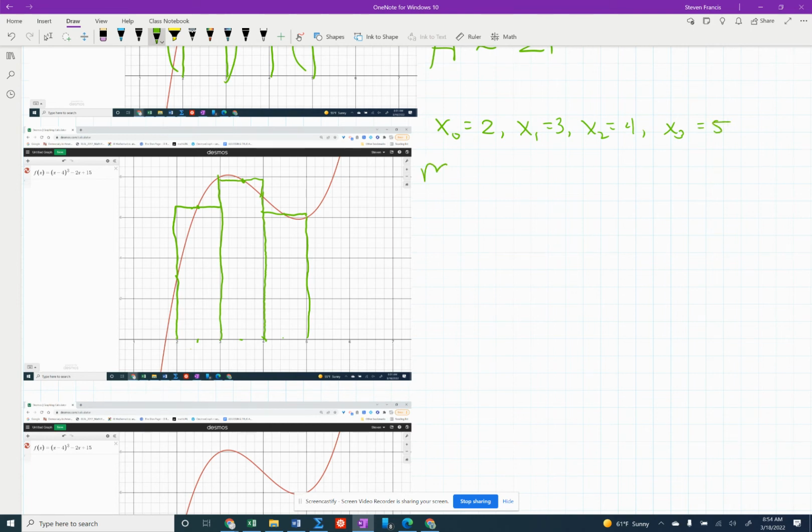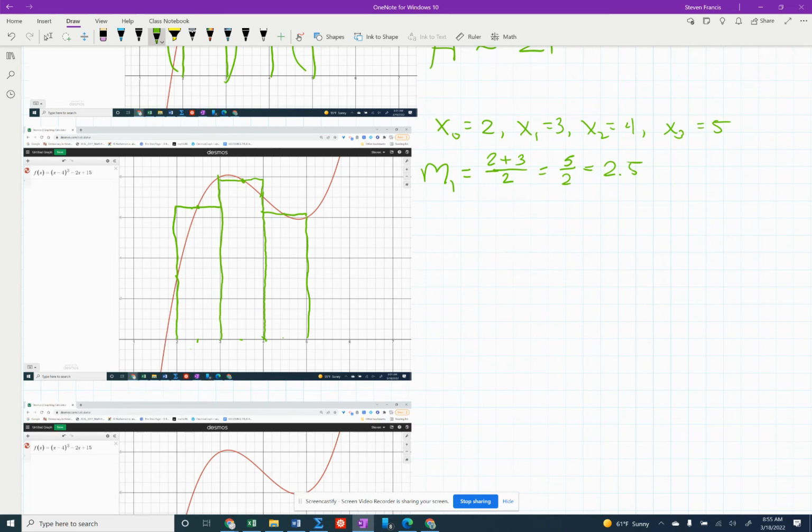So my first midpoint, m sub 1, I'll always do this: I will always take x sub 0 and x sub 1, add them together and divide by 2. I'm going to average them. That's 5 halves, or 2.5. So that's how I'm always going to start finding my midpoints.